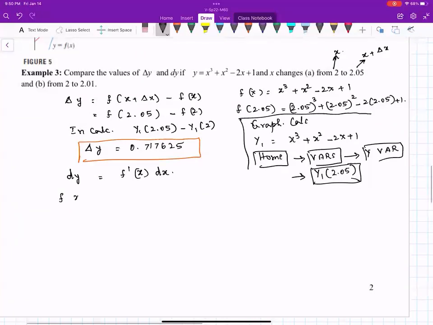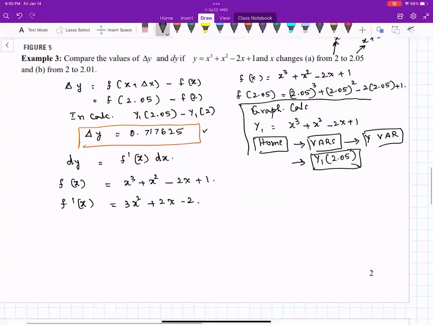So what is f of x? f of x is x cubed plus x squared minus 2x plus 1. What do we anticipate? We want the delta y and dy to be almost equal, because delta y is hard to get, but dy is easy to get. So what is f prime x? f prime x is the derivative of this, 3x squared plus 2x minus 2.